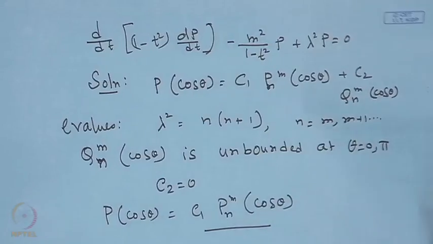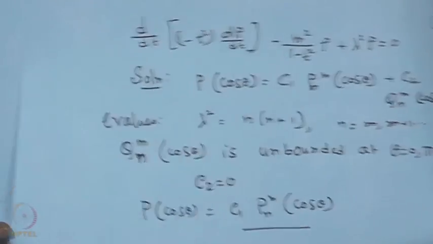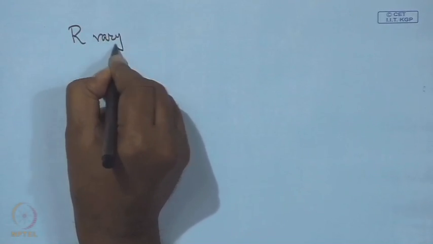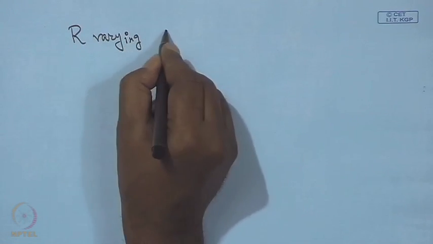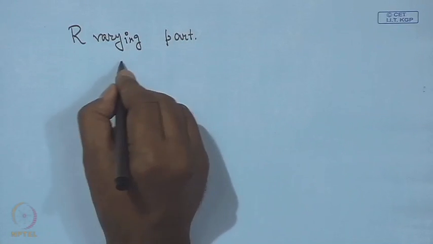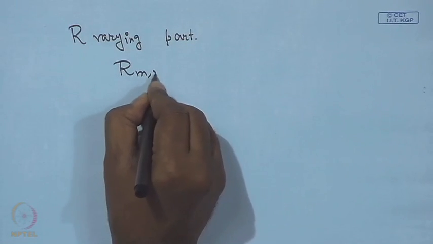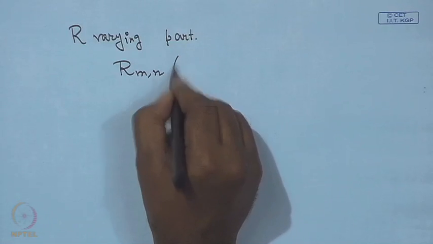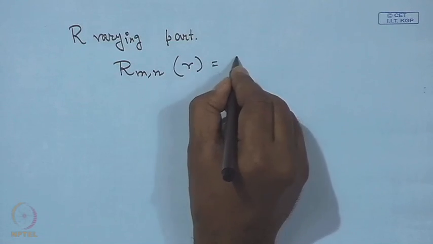Now, if you solve the r varying part, the solution will be in the form of Euler's equation, which we have already seen earlier.